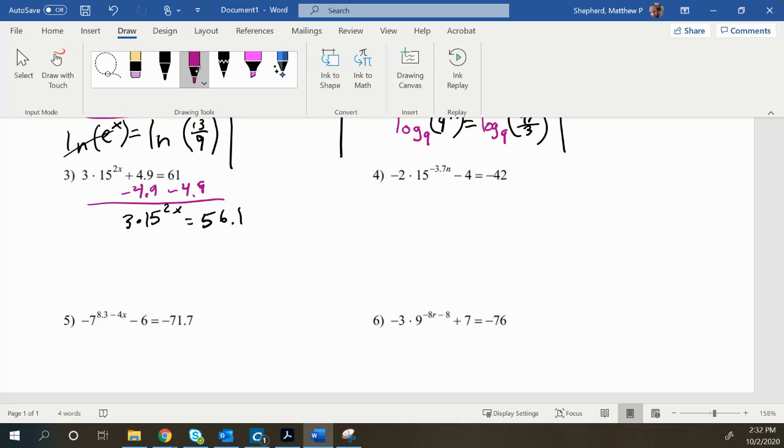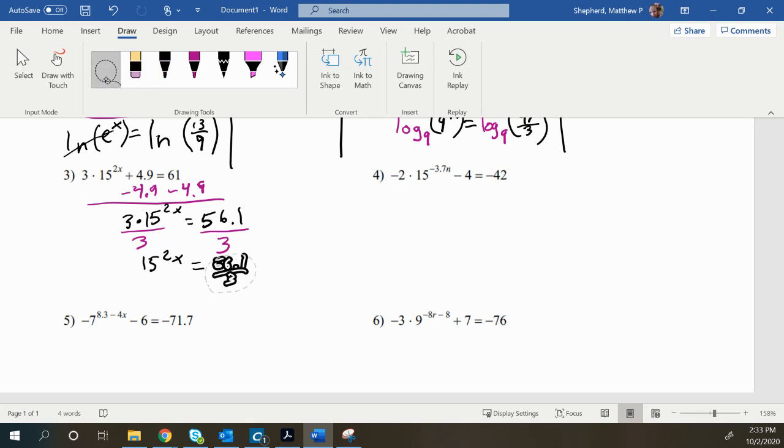Okay, now we will divide by the 3 so that we can get that base of 15 alone. So now we got 15 to the power of 2x is equal to 56.1 thirds.